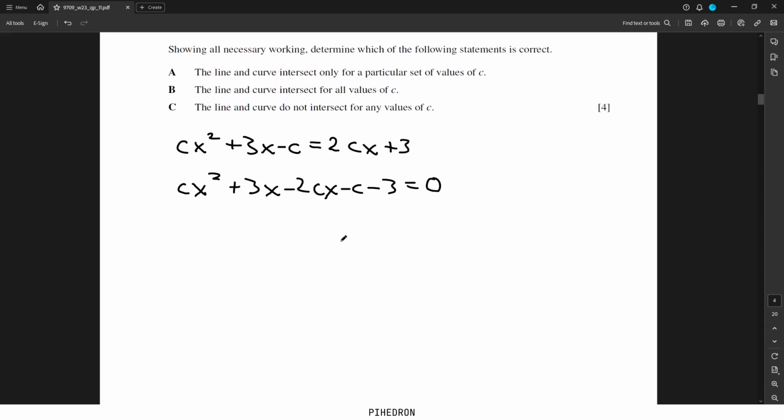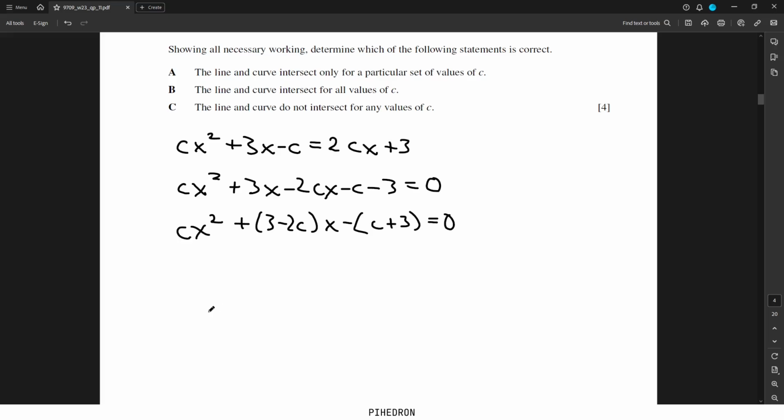Now we can factorize 3 and negative 2c over here. So we can get a b value, which is the coefficient of x here, plus 3 minus 2c x, and I'm just going to factor this into negative c plus 3 to make our lives a bit easier.